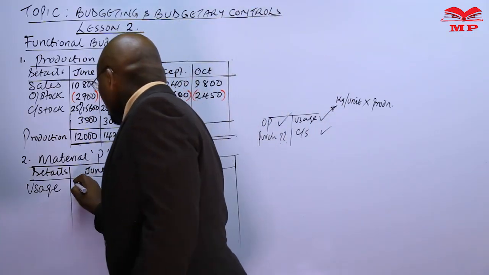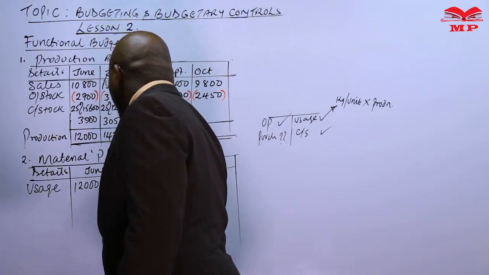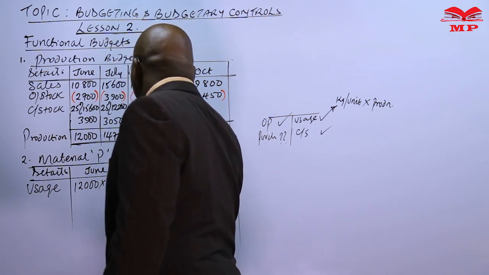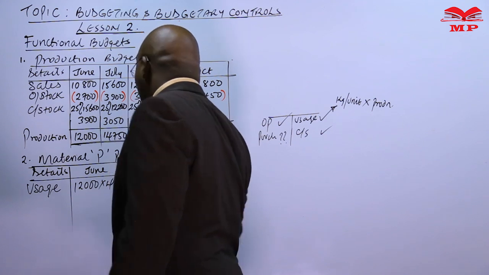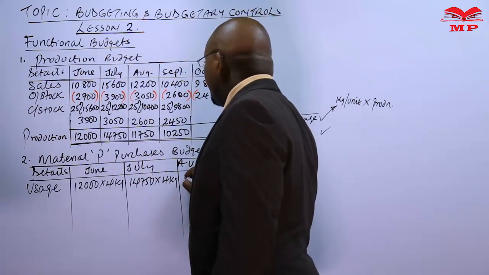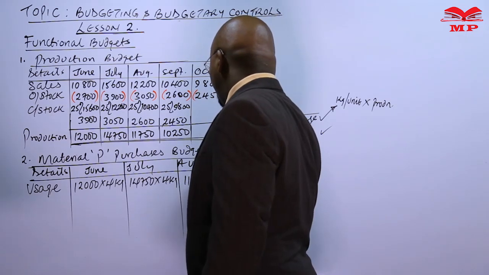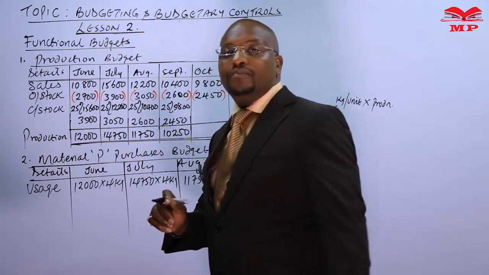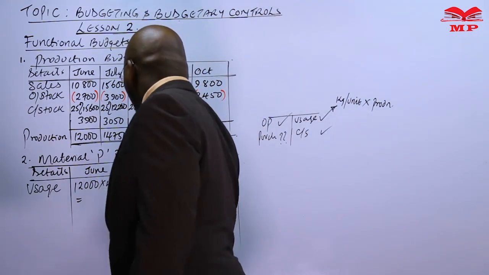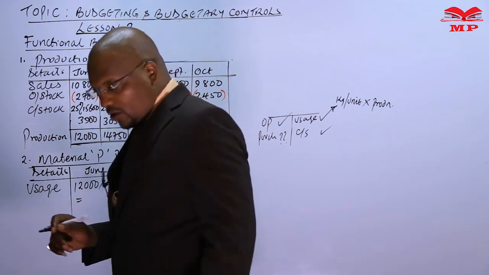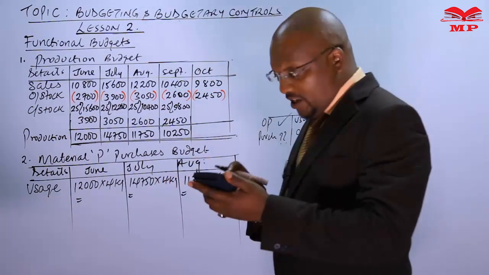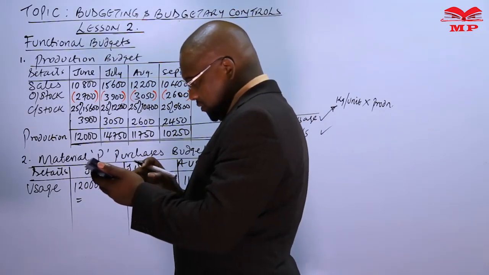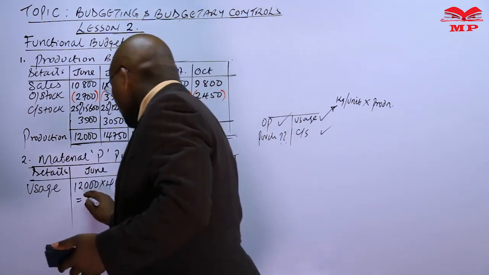So I'll be having 12,000 times 4 kgs, 14,750 times 4 kgs, because I'm doing material P, then 11,750 times 4 kgs. So the materials required or used in the production shall be as follows. We have 12,000 multiplied by 4. That means we need 48,000 kgs.